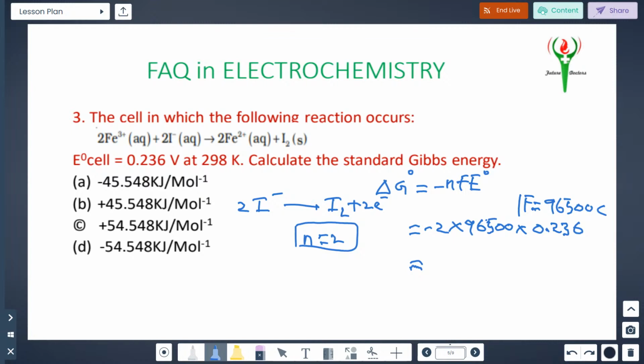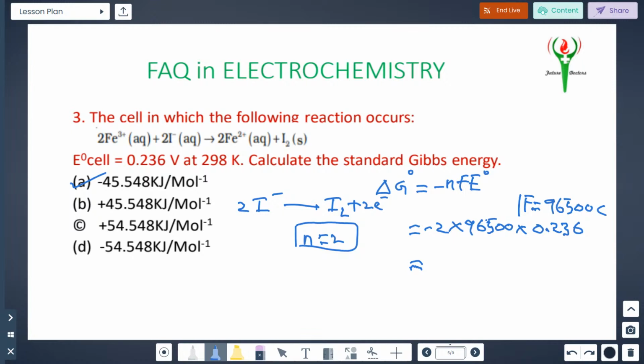So these two values will not come; among A and D, the answer may be anything. Are you following? Simple one. Just memorize the formula: standard Gibbs free energy is equal to minus n F E naught. That's the formula.